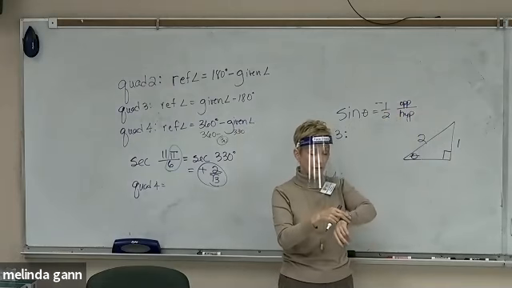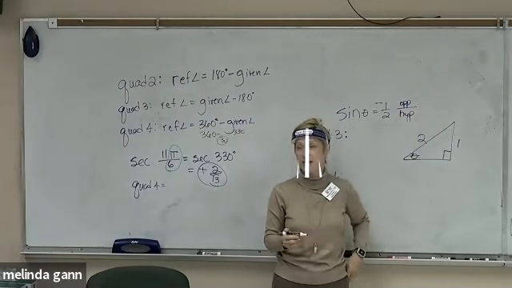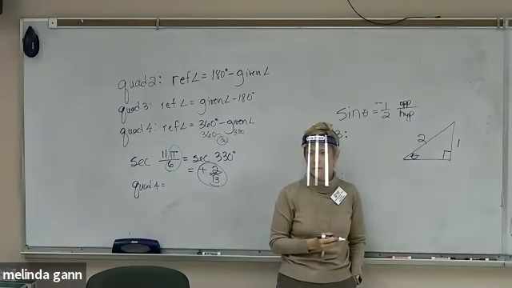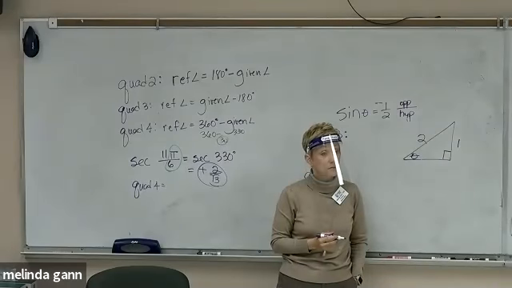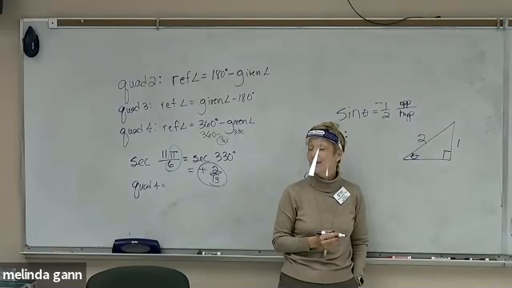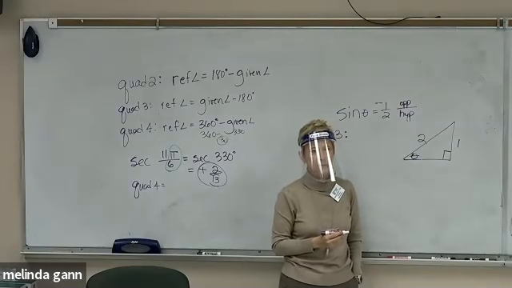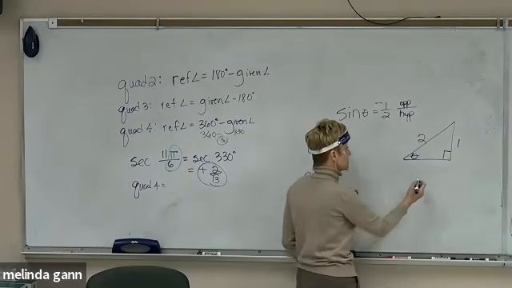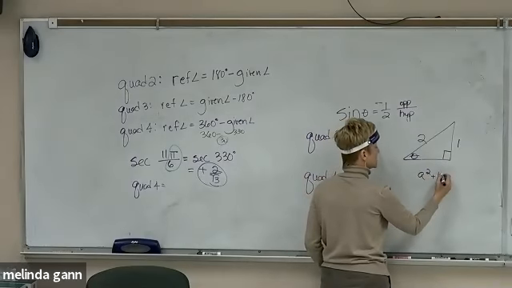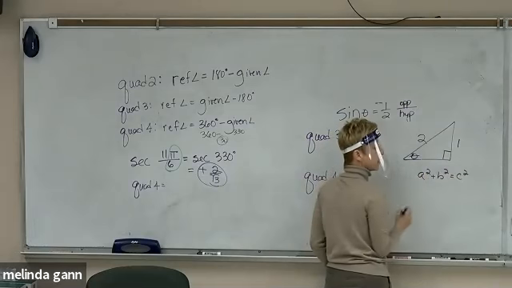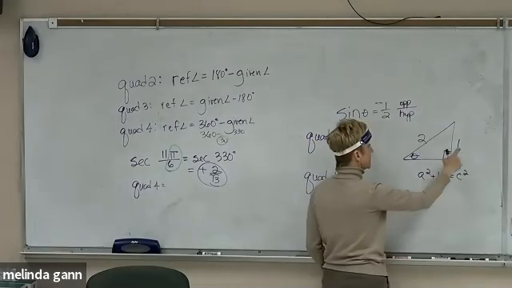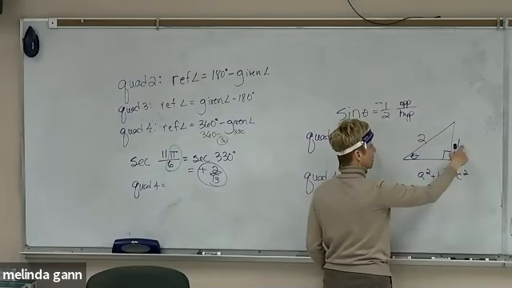Now, I've got a right triangle. I know 2 sides. I don't know the third side. How can you always find the missing side on a right triangle? What's a squared plus b squared equals c squared called? Pythagorean theorem. So you have a leg squared plus a leg squared equals your hypotenuse squared. Is this 1 a leg or hypotenuse?